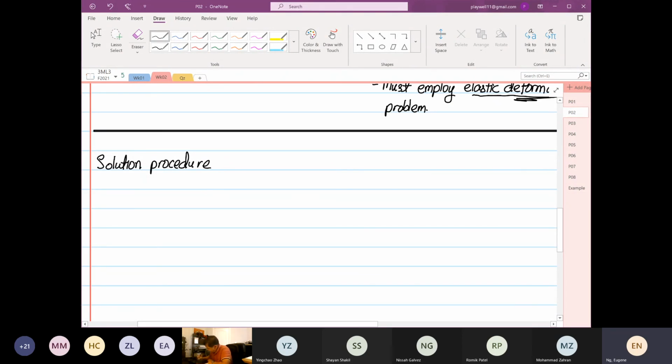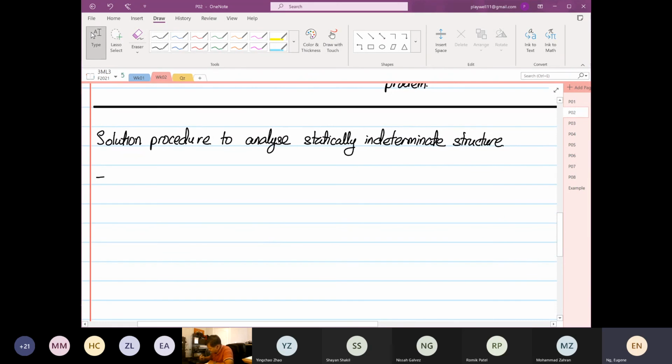To analyze a statically indeterminate structure, the key thing is we have to include redundant reaction.